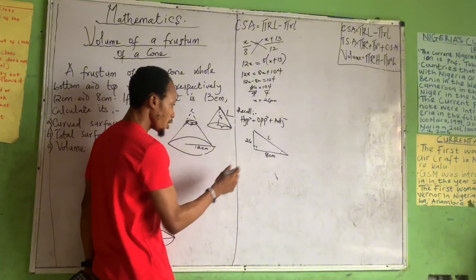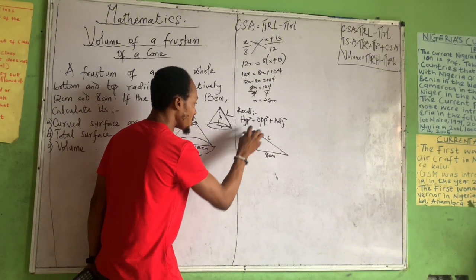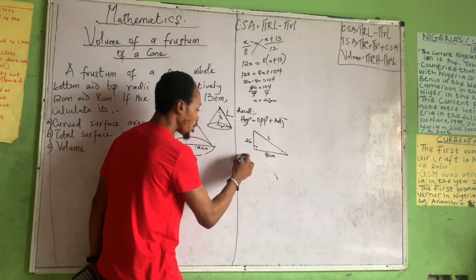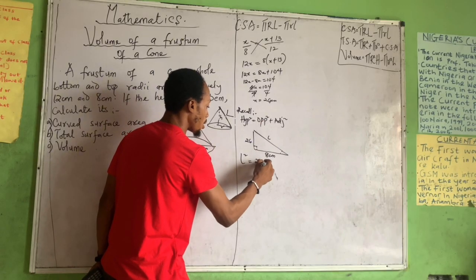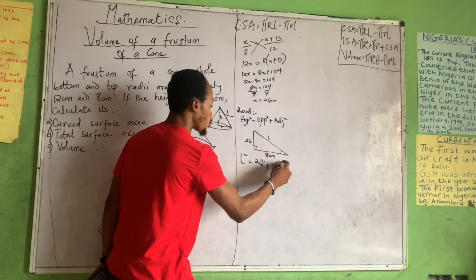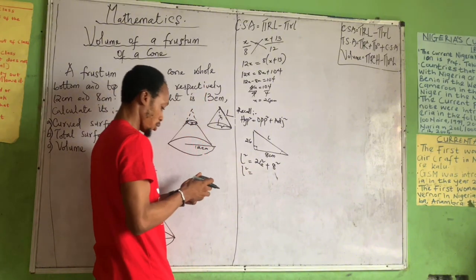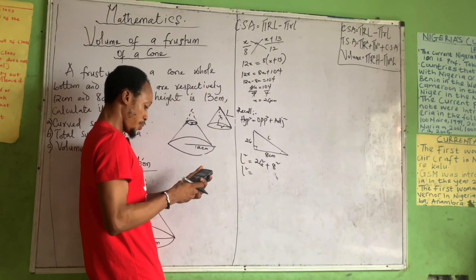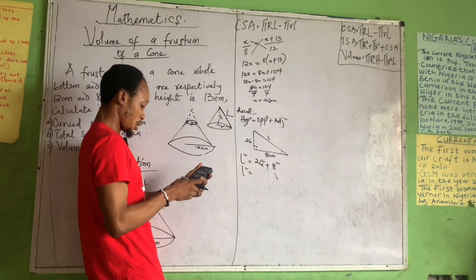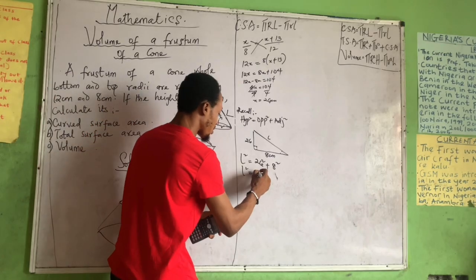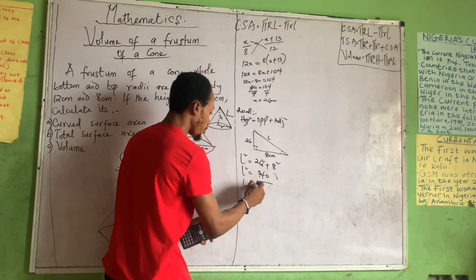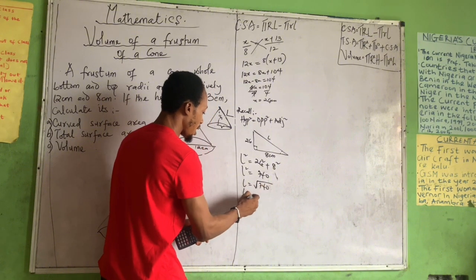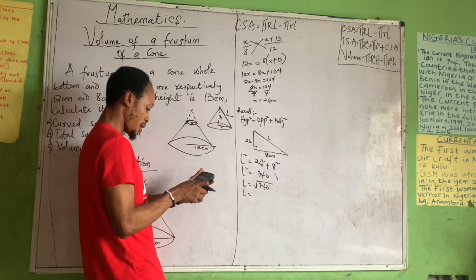So we can now say hypotenuse is L squared, because we are looking for L. So L squared equals 26 squared plus 8 squared. That will give us 740. So L equals square root of the answer.